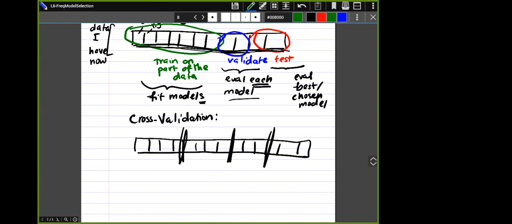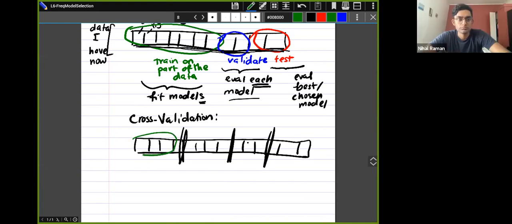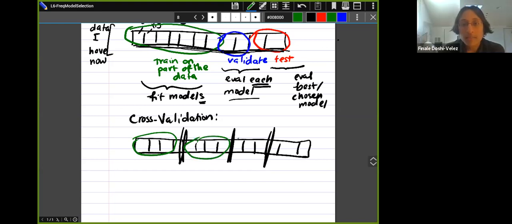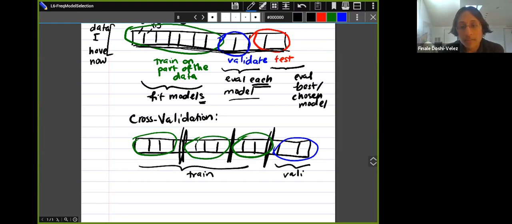So let's say in version 1, I will train on these, and then I will validate on these. So I have my training set, and then I have my validation error that I measure. And then I'm going to alternate. I'm going to swap out different groups.